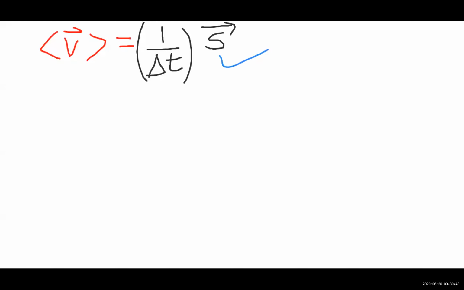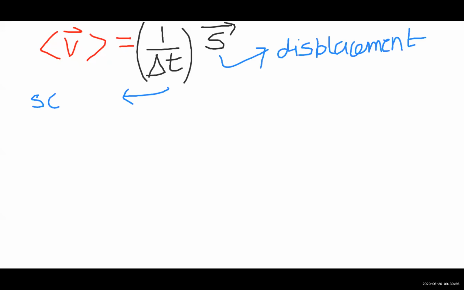So this quantity is the displacement vector. This quantity is the scalar quantity, right? And this is the displacement vector.